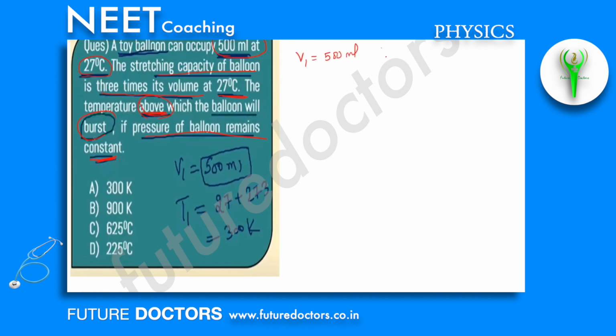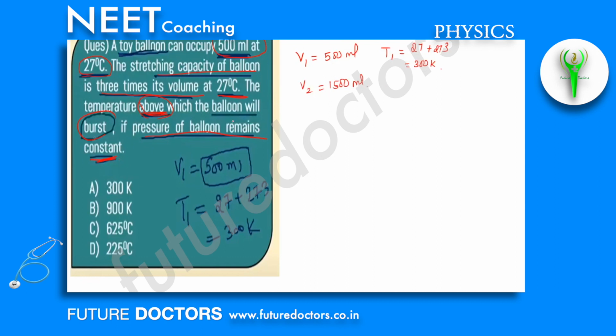T1 is given as 27 degrees, 27 plus 273, so 300 Kelvin. The stretching capacity of the balloon is 3 times its volume, so now V2 is 1500 ml.